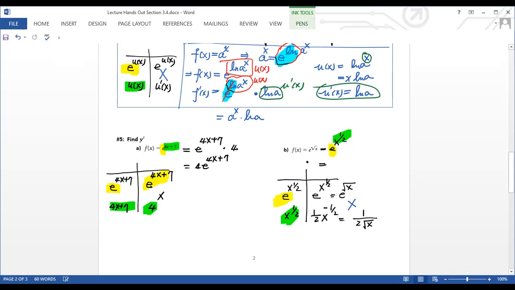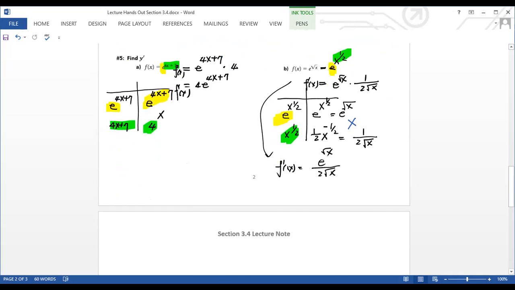So this is f prime x. So the f prime x will just be the e to the square root of x times 1 over 2 square root of x. So if you want to simplify a little bit, or looks a little better, you can say f prime x is e to the square root of x over 2 square root of x, like that.